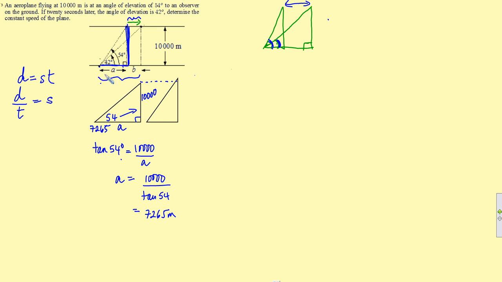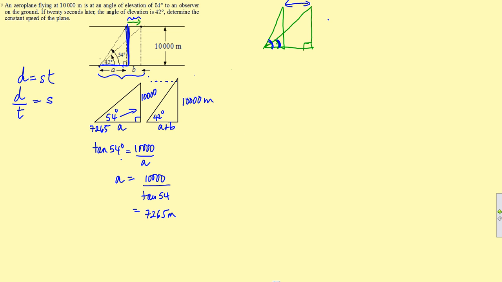The second piece of information we're going to get is, well, we have to figure out what the entire distance was with the second triangle. So this would be A plus B together. Okay? But the angle that we're looking at now is no longer 54 degrees, but it's going to be 42. So again, the height is still 10,000 because that hasn't changed.